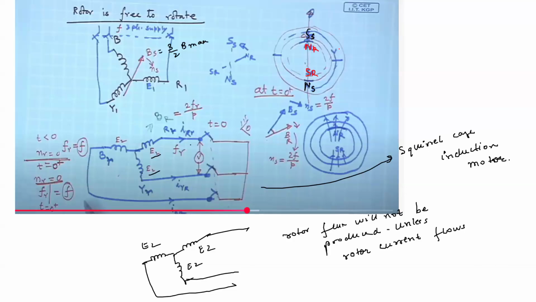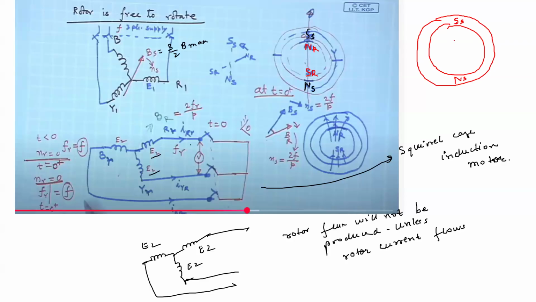But remember that this is moving. Because of this movement in the stator, this rotor MMF will try to move, and in that case this rotor will also rotate. In another way, you can see how the rotor rotates: you have the stator MMF, with the stator north pole and south pole.